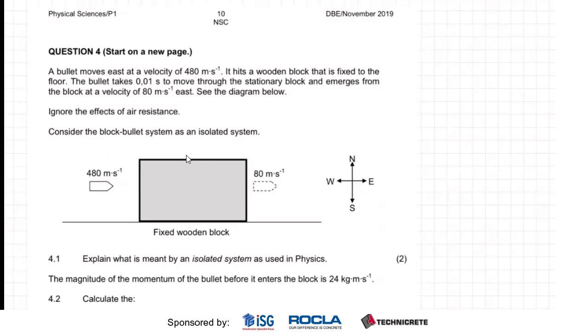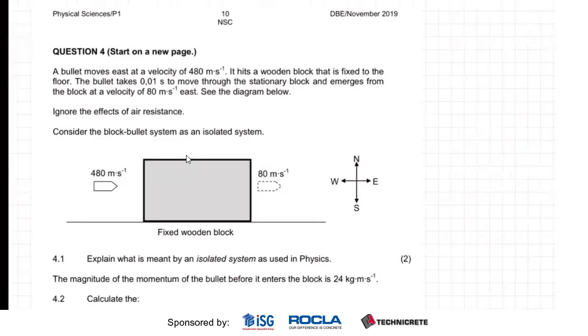It hits a wooden block that is fixed to the floor. The bullet takes 0.01 seconds to move through the stationary block and emerges from the block at a velocity of 80 meters per second east. See the diagram below. Ignore the effects of air friction and consider the block bullet system as an isolated system.